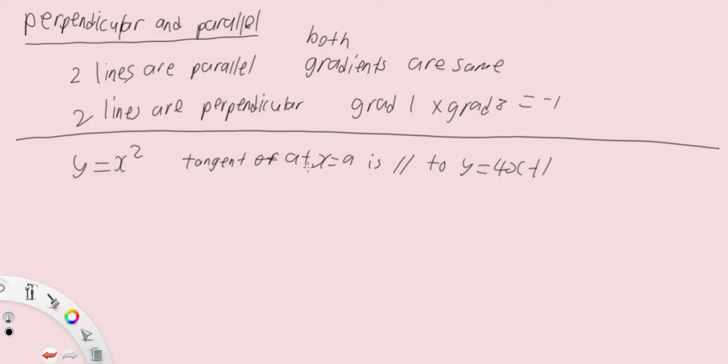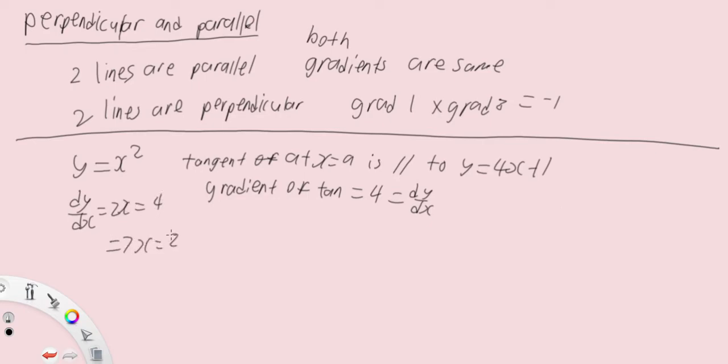If the tangent at x equals to a is parallel to y equals to 4x plus 1, we know that the gradient of this tangent is equals to 4. And that's why dy dx also equals to 4. dy dx we know is 2x. If it equals to 4, we then have x equals to 2, and therefore we have a equals to 2.